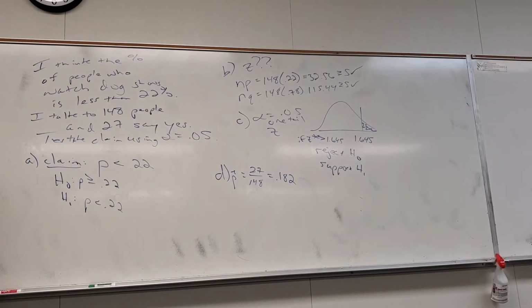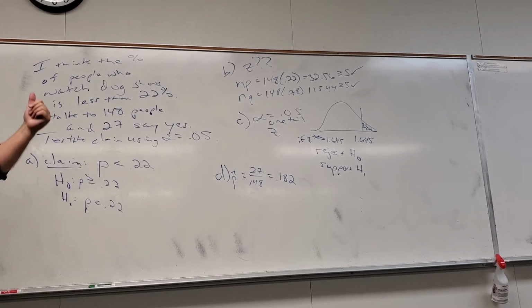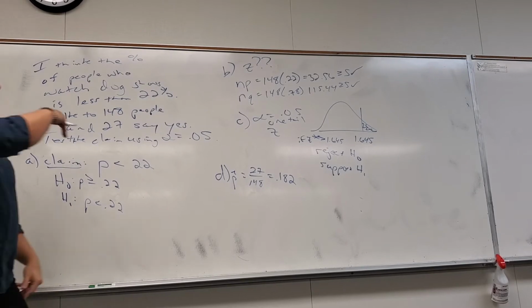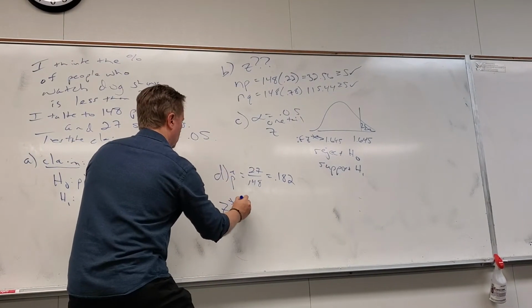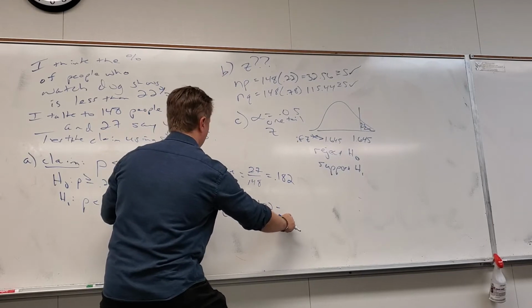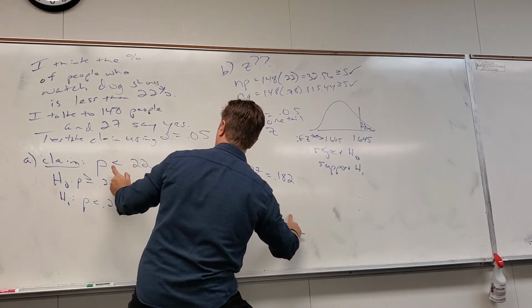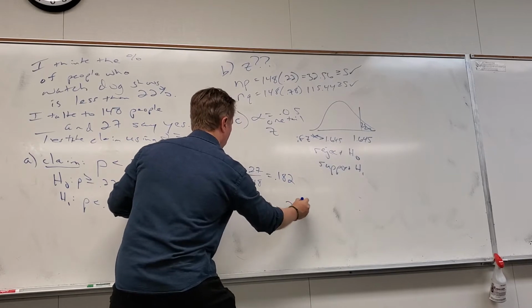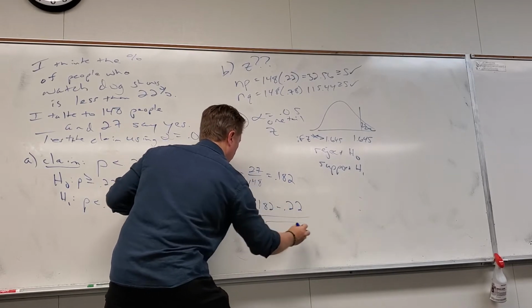And then you just do your Z star formula. It's going to be sitting on your formula sheet. Don't try to force a percentage problem to use the X bar formula. It doesn't make any sense. This is a P problem, so I'm going to use P hat minus, what do I put here? What's P? 0.22 divided by the square root.